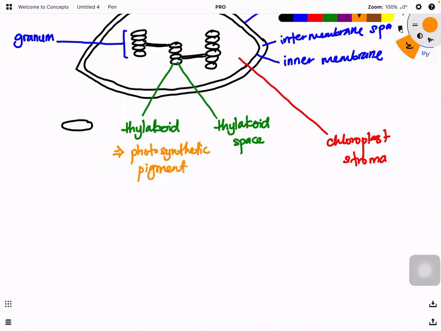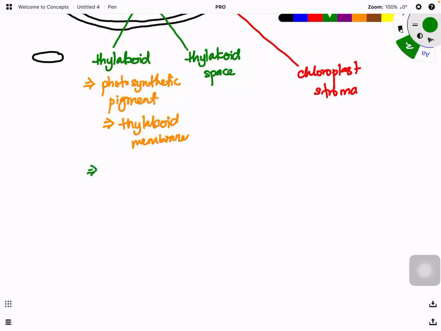These are located on the thylakoid membrane. Therefore, the function of the thylakoid membrane is to carry out light absorption. This is very important.